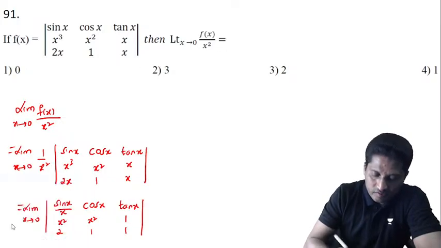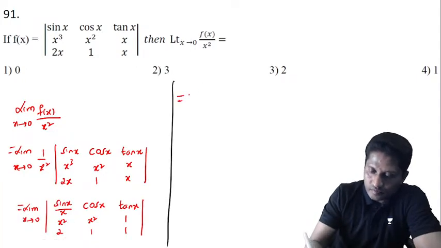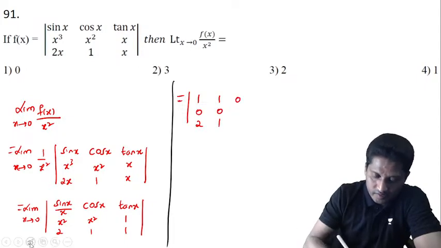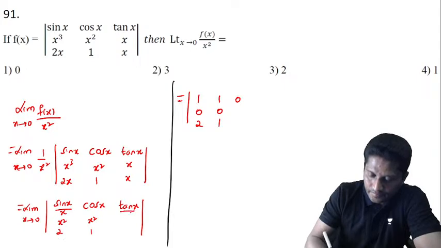Now if x is tending to 0, sin x by x is 1. Get 1, 0 and 2. Second column cos 0 is 1, 0 and 1. Sorry, tan x by x is 1. Here if I divide the second column by x, so this is 1 and 1.